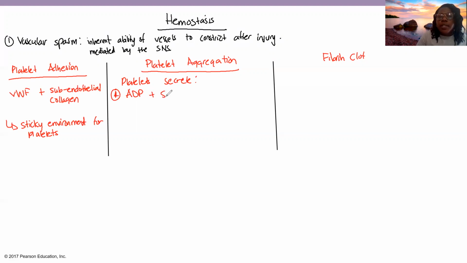They also secrete serotonin and epinephrine. ADP specifically is going to aggregate more platelets, and this is going to be positive feedback.